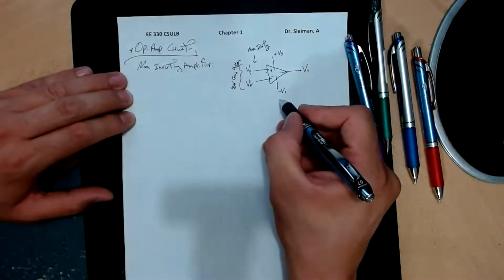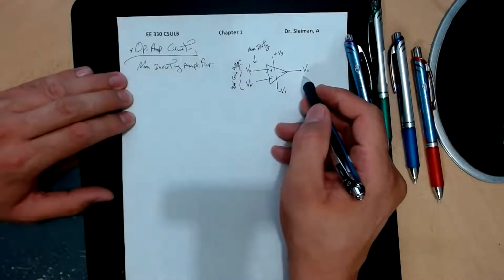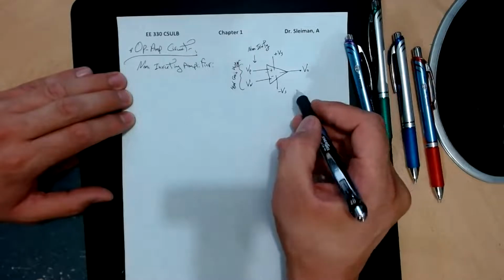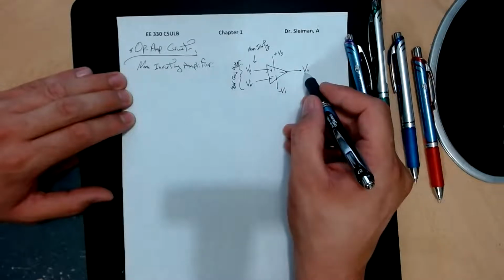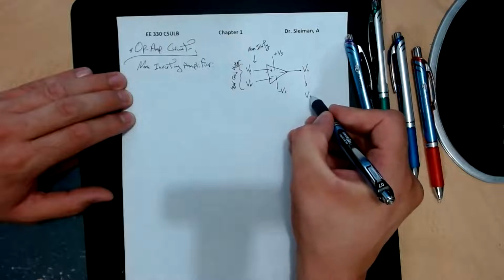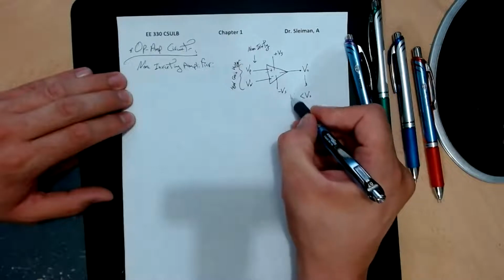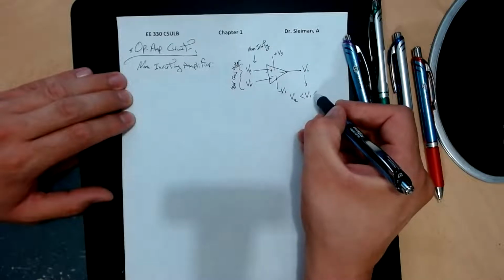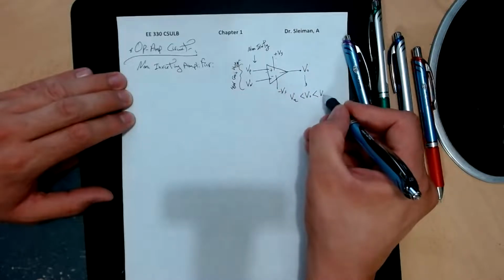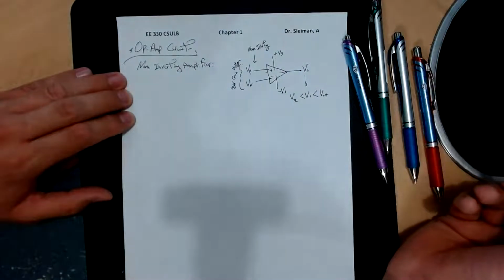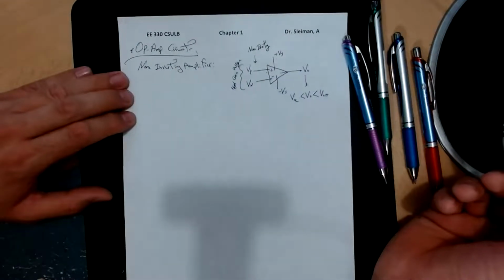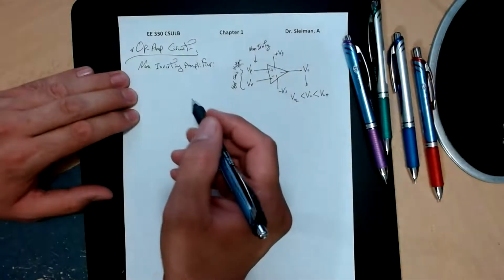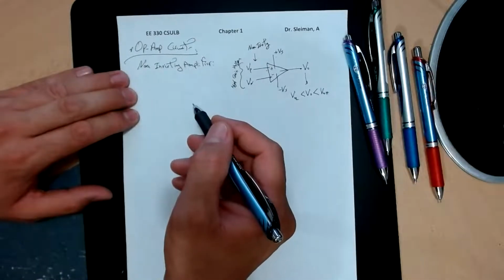So usually the output voltage, V0, has to be greater than V0 low, which is this one, and less than V0 high. So this is as for the op-amp circuit.